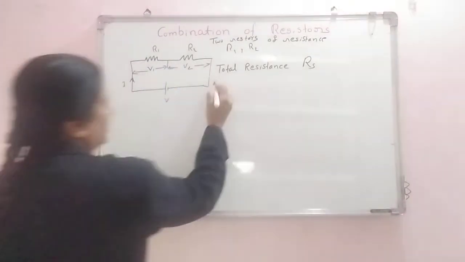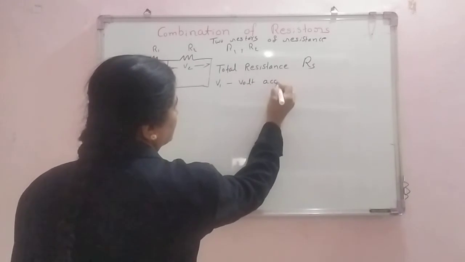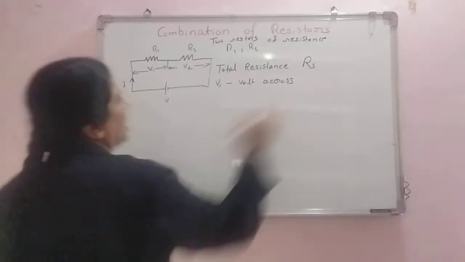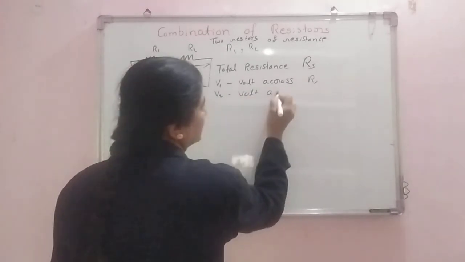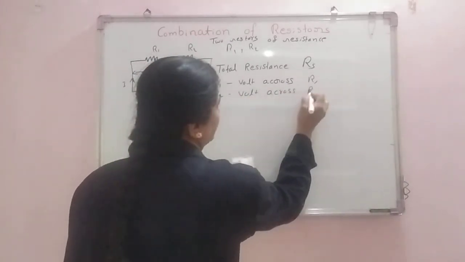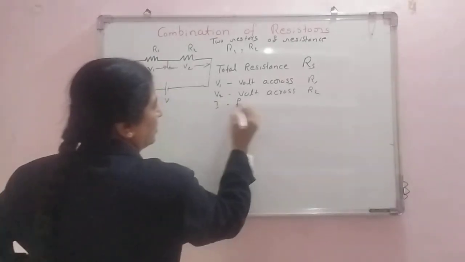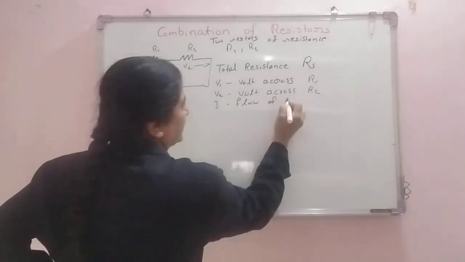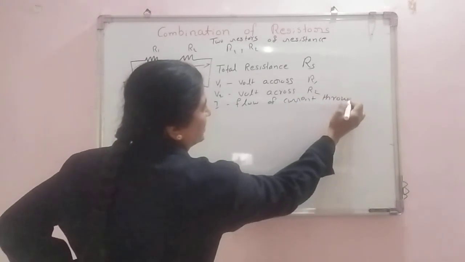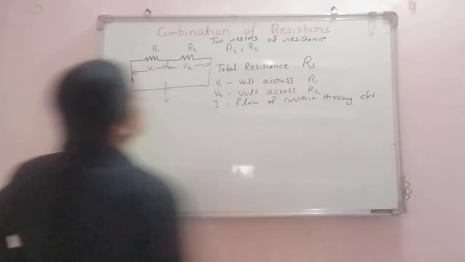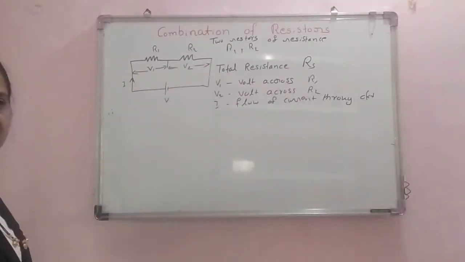V1 is the voltage across R1, V2 is the voltage across R2, and I is the flow of current through the circuit.